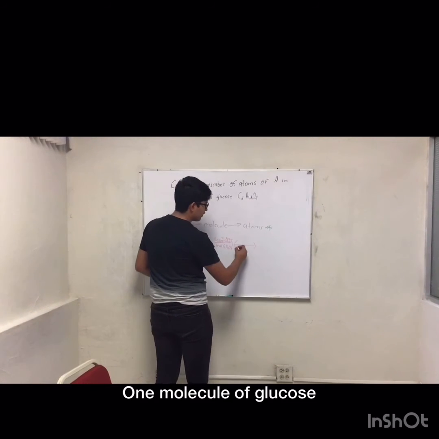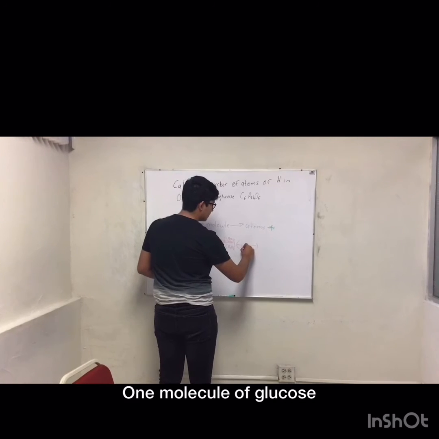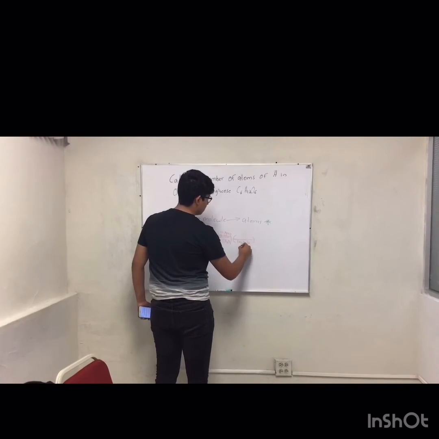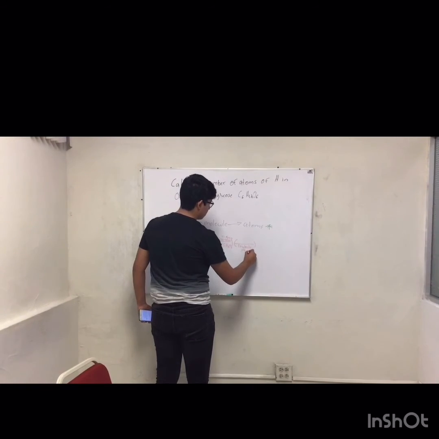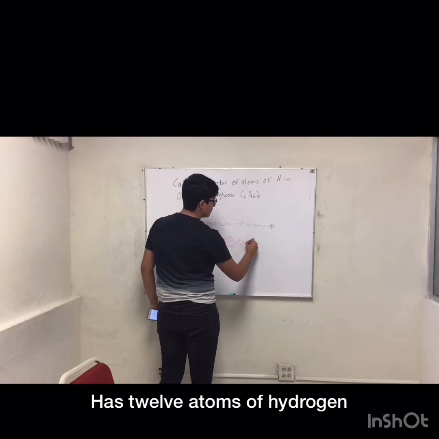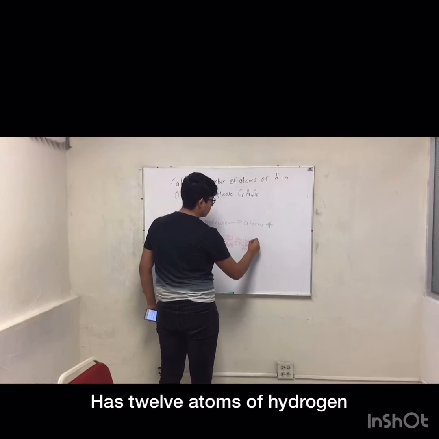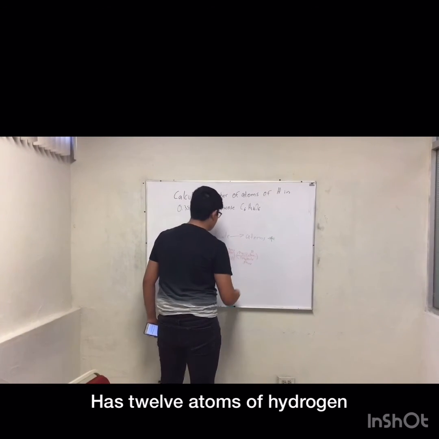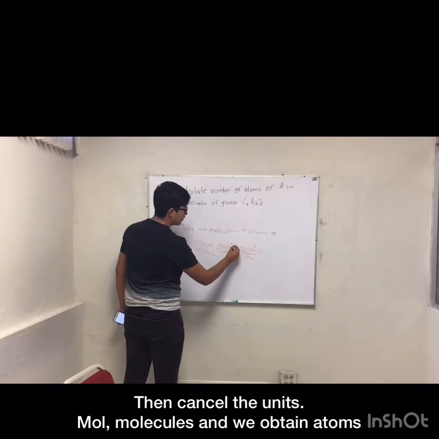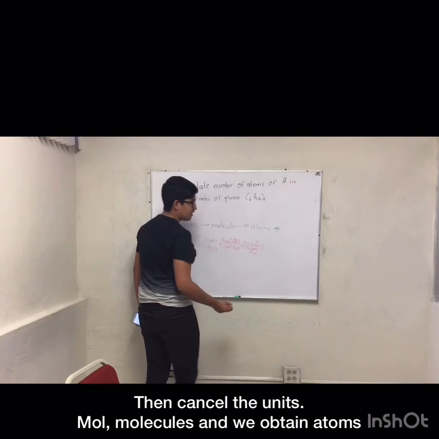And then 1 molecule of glucose has 12 atoms of hydrogen. Then we cancel the units, moles, molecules, and we obtain atoms.